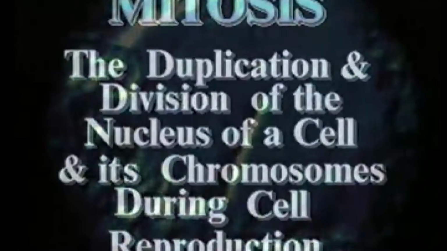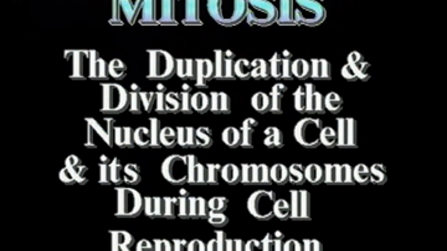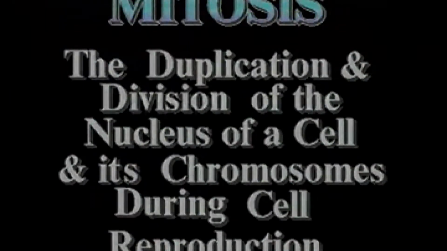And the essential process underlying the reproduction of cells is called mitosis. Mitosis is defined as the duplication and division of the nucleus of a cell and its chromosomes during cell reproduction. Scientists recognize 4 distinct stages of mitosis.